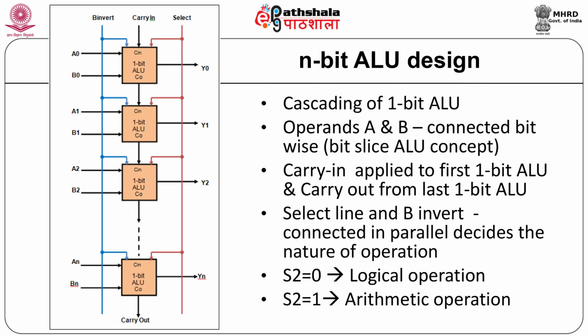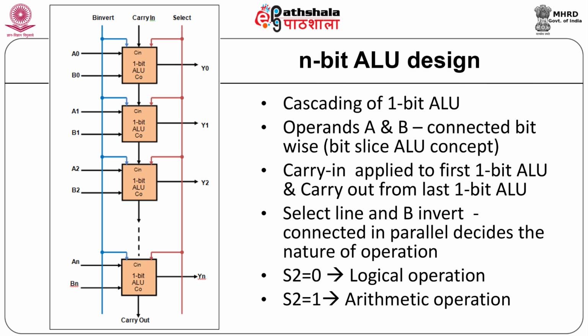In cascading, the input carry is applied to the first 1-bit ALU and the final carry is obtained from the last 1-bit ALU. Select lines and B input lines along with invert lines are connected in parallel to all 1-bit ALUs. Select lines can decide on the nature of operation like arithmetic or logic operation.